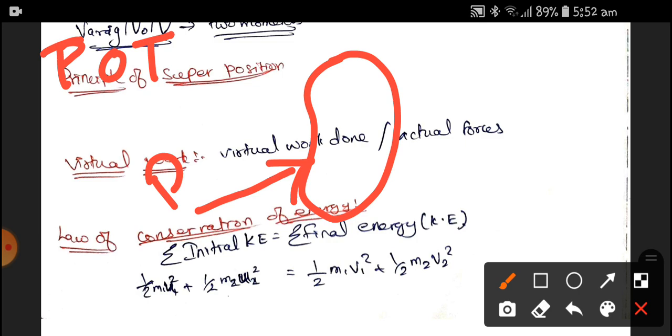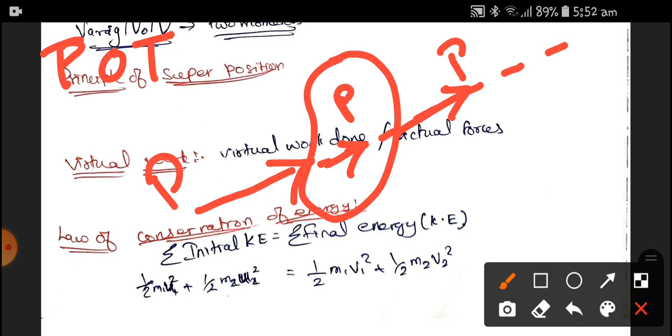If this is the line of action, the force you measure here will also give P, and here it also gives P. Away from the line of action, it is not equal to P. So the principle of transmissibility indicates that the same force acting through the same line of action at different points of a body gives the same resultant moment.